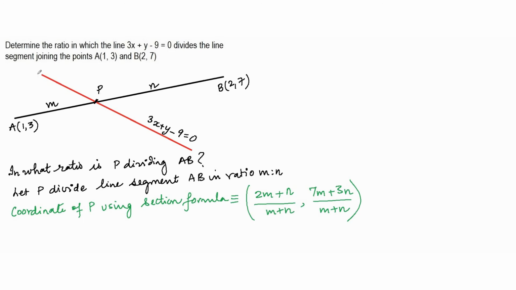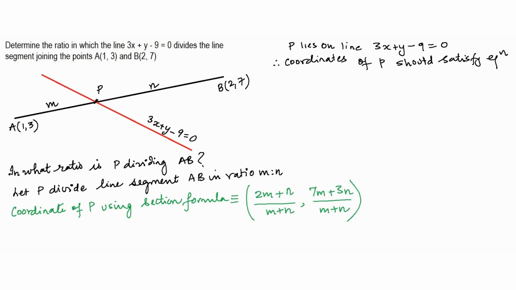However, the point P lies on this particular line. So I can say that P lies on the line 3x plus y minus 9 equal to 0. And therefore, the coordinates of P should satisfy the equation, right?